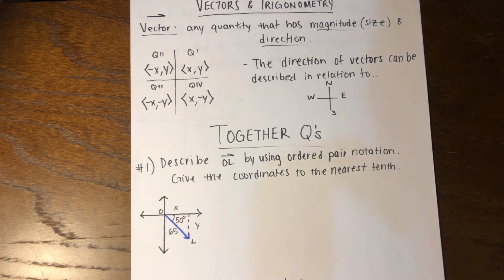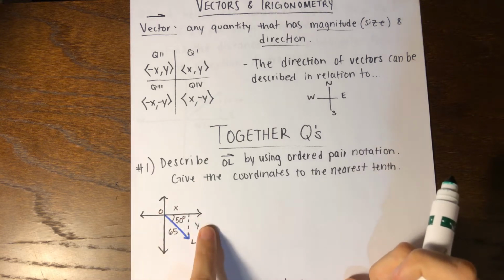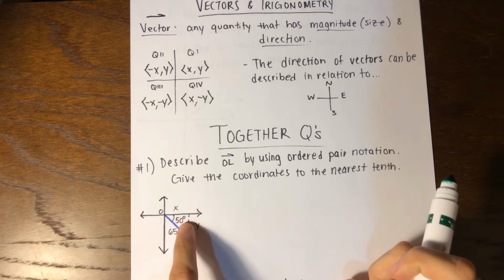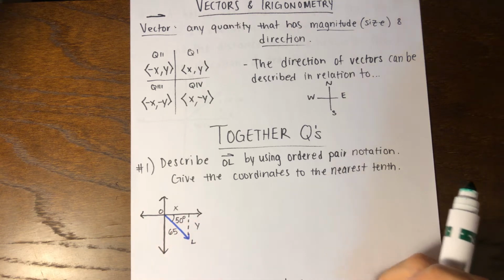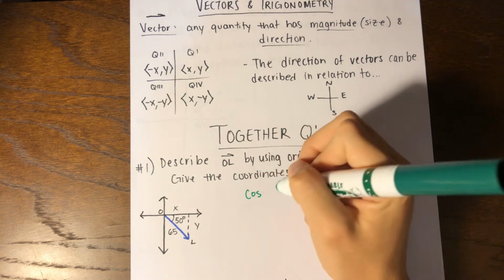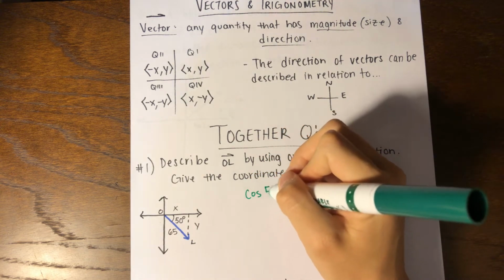Okay, so we're still going to be dealing with sine and cosine just for a little bit longer. So they give us a triangle. We have the x and y. We're missing those sides, but we have the hypotenuse, which is 65, and the angle, which is 50 degrees. So our first step is to set up the cosine of 50 degrees.